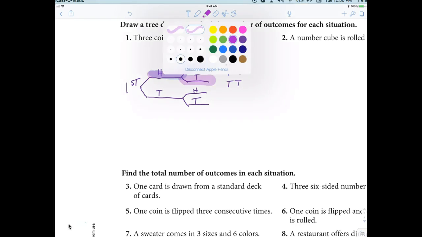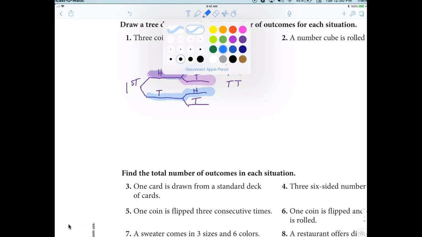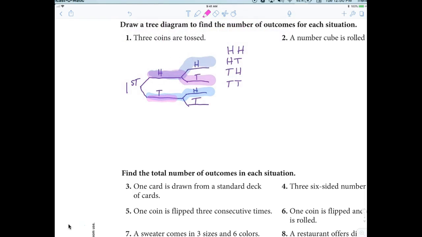Your choice is tail, head. Your choice is tail, tail. Everybody see what I tried to show you? That's how people can sequentially list things out so quickly. And sometimes it appears that it's random, but guess what? It's not.